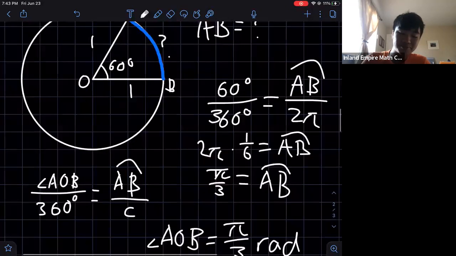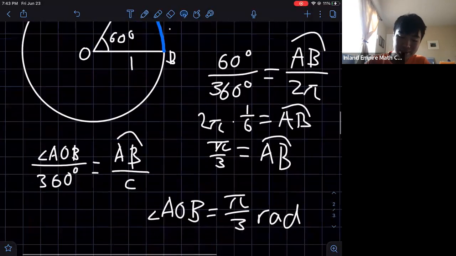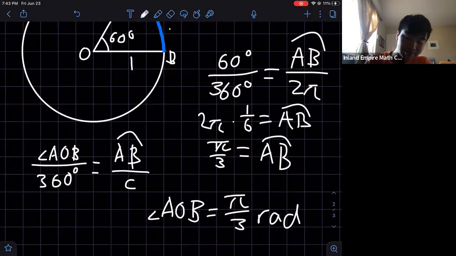Remember that you can only define radians as the arc length if the radius is 1. But if we increase the radius by a certain amount, we simply multiply by the radius.